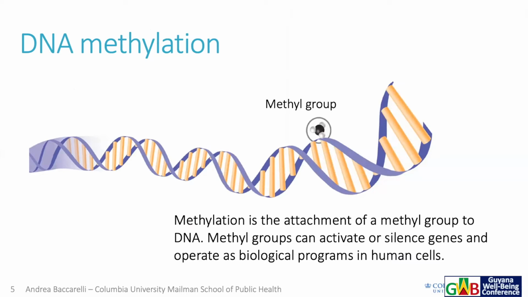It's bound to the DNA with a covalent bond. And methyl groups can activate or, most commonly, silence genes. And for our purposes, we can think that when a gene is methylated, that gene is silenced, inactive.